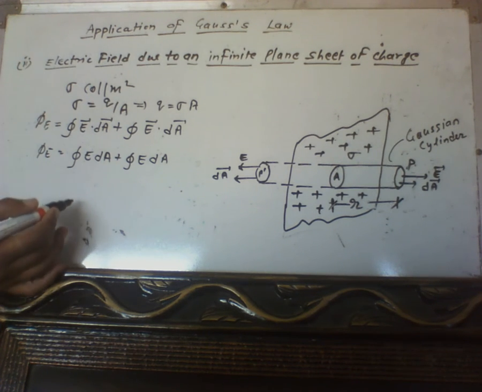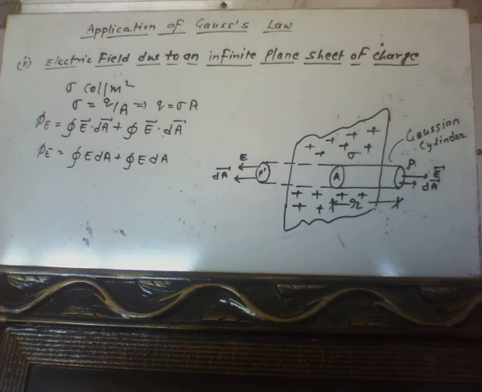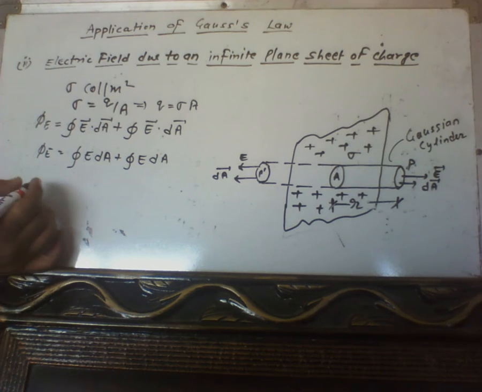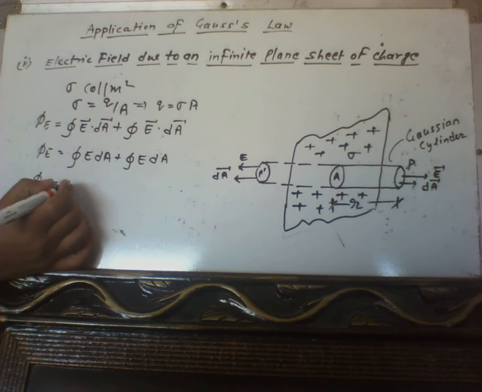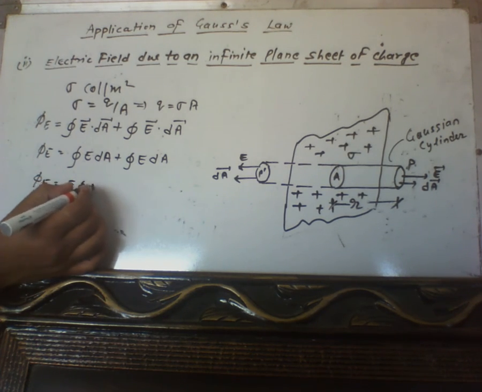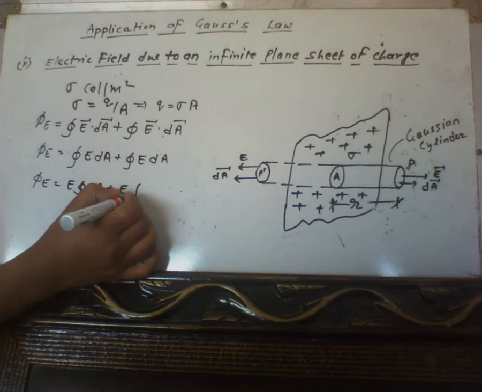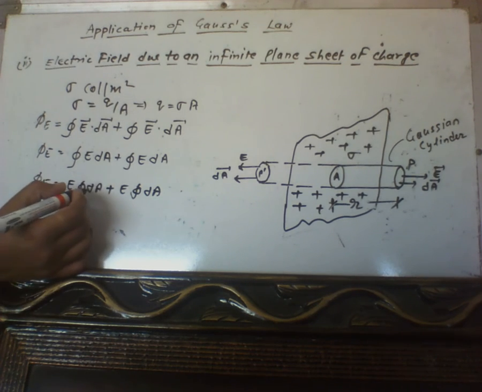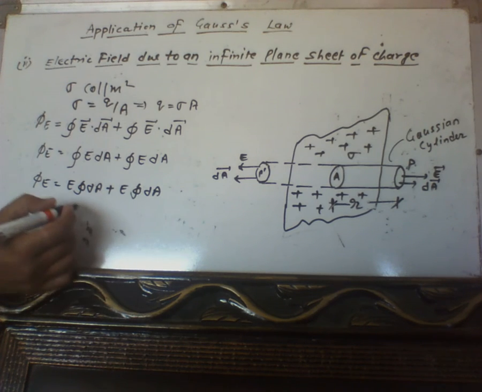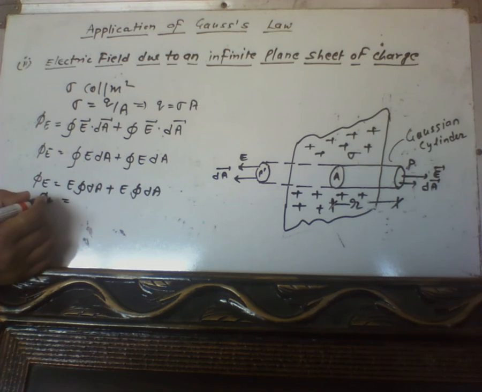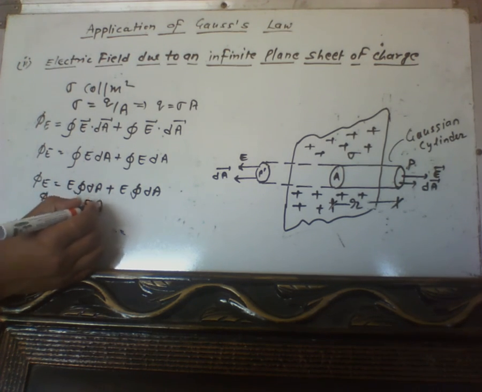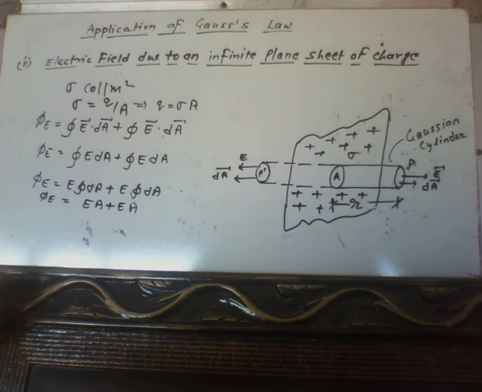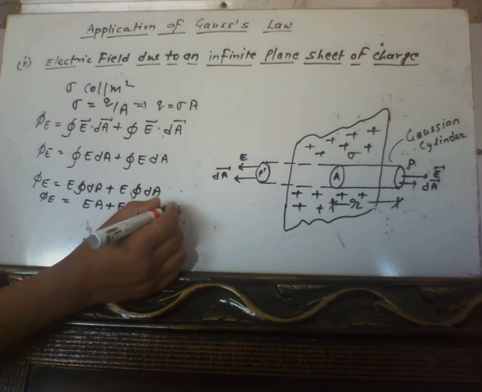Or because the E is same, so phi E can be written as E dA plus E dA, or as we will integrate dA, then it will become A, so phi will be equal to EA plus EA, or it is equal to 2EA.